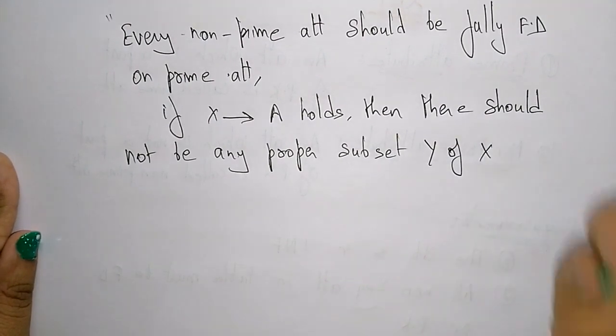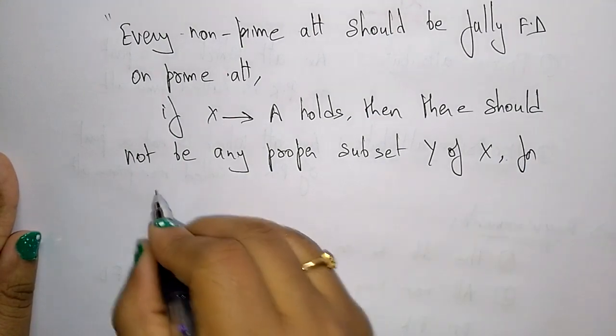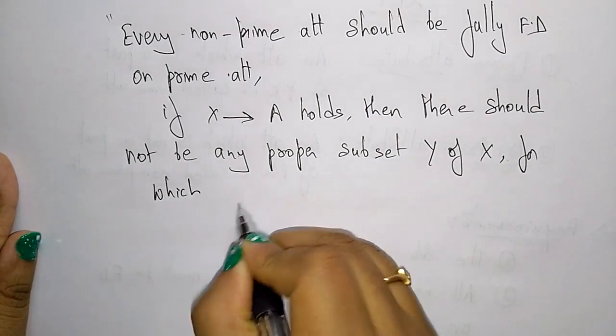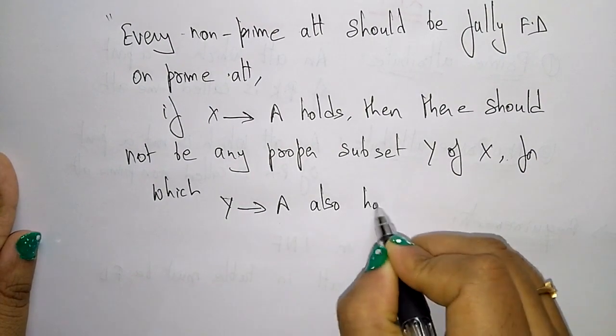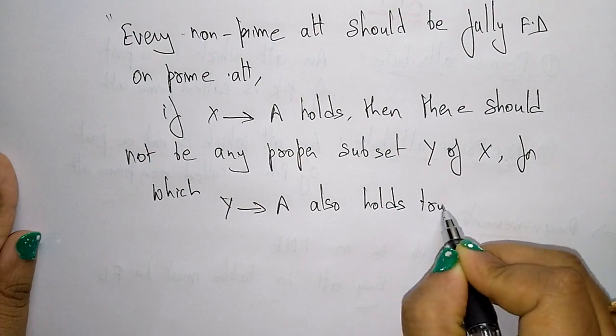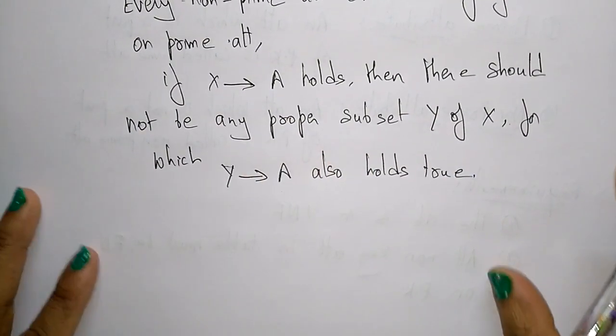Every non-key attribute should depend upon the primary key. Okay, so this is the definition of 2NF.